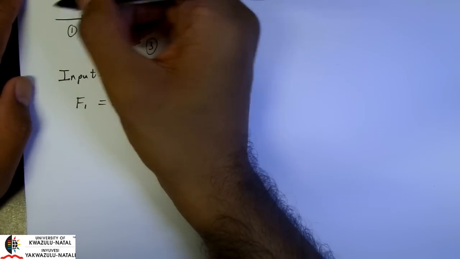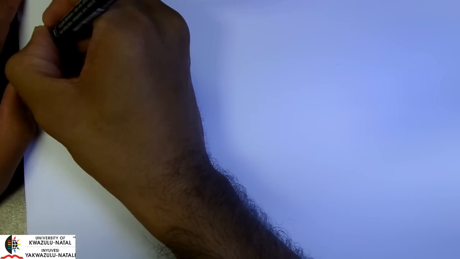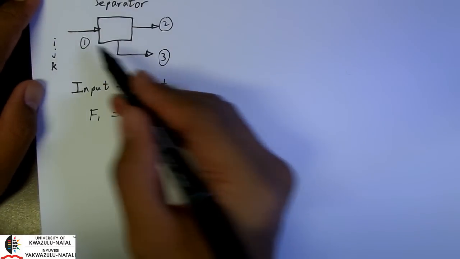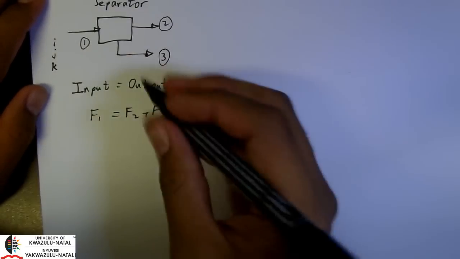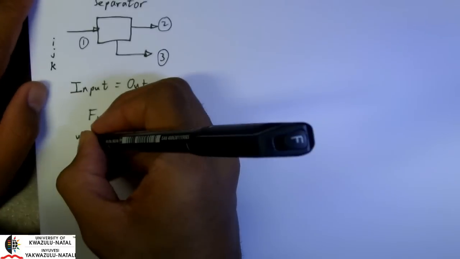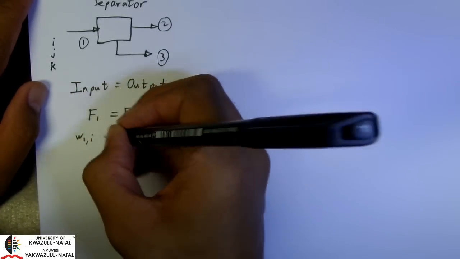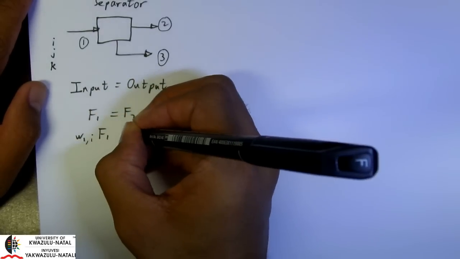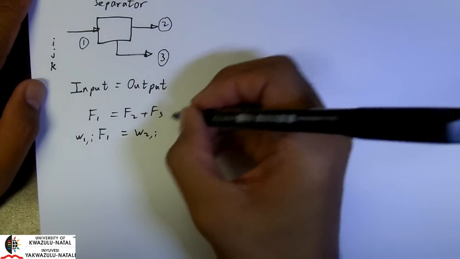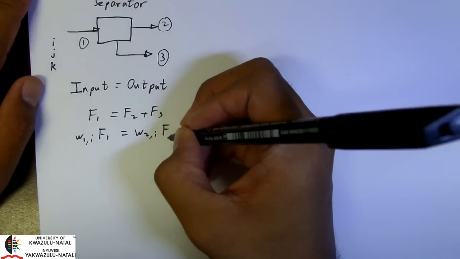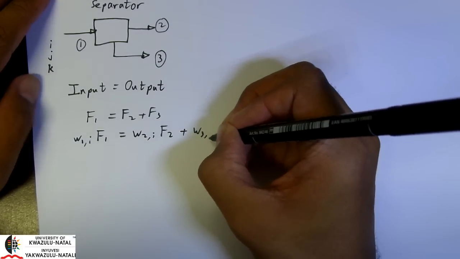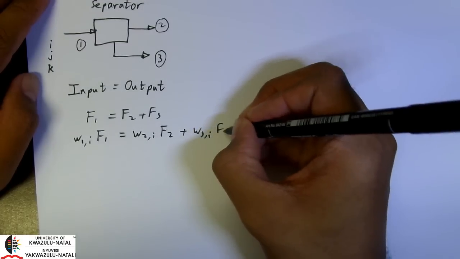Or if we have to look at our components, let's say for example we have species I, J and K coming in. We have our mass fraction of species I, for example, in stream 1 multiplied by F1, and that will be equal to mass fraction of species I in stream 2 times F2 plus the mass fraction of species I in stream 3 multiplied by F3.